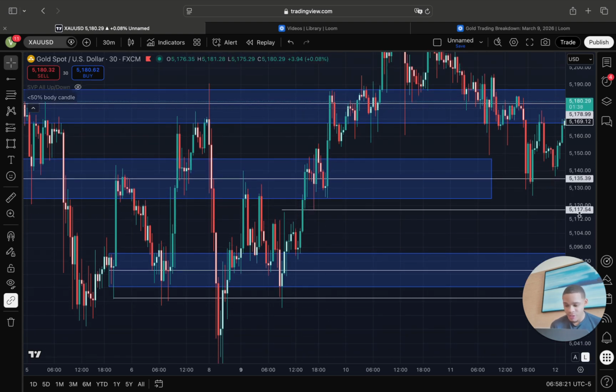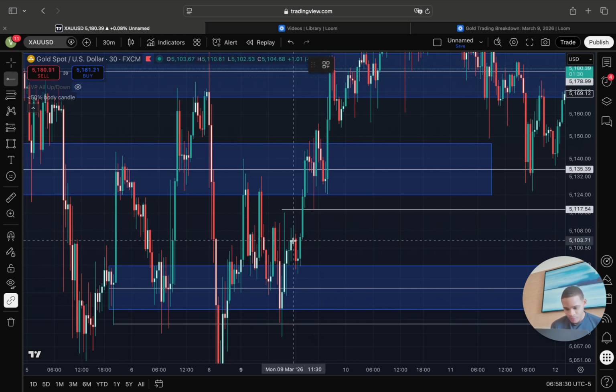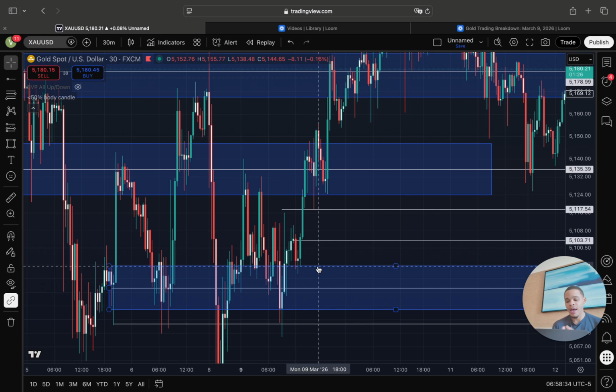I don't know for what reason, but our first take profit was here, and then the second take profit was somewhere below here. And then the third take profit was exactly at the start of this demand level. Price reached take profit 1, and then we got stopped out right here, and then price came back immediately again.